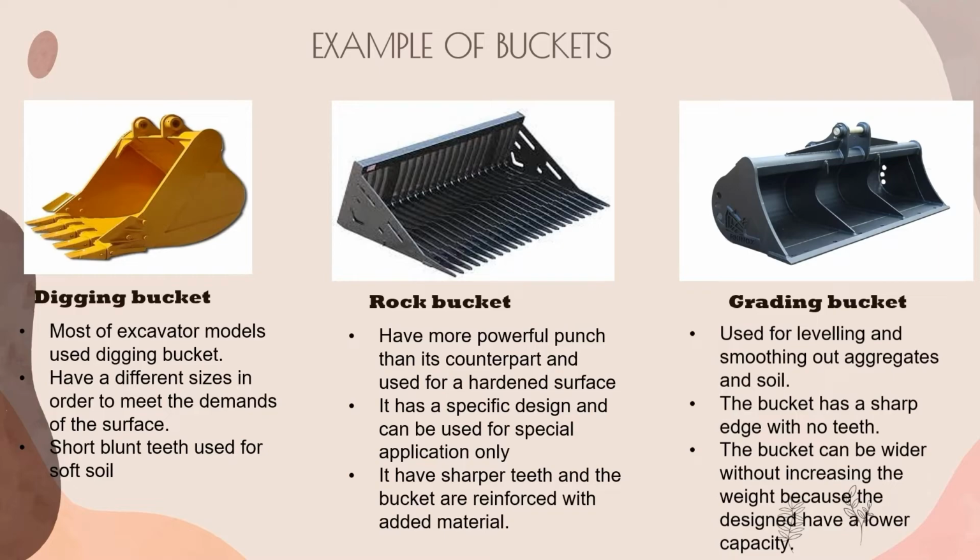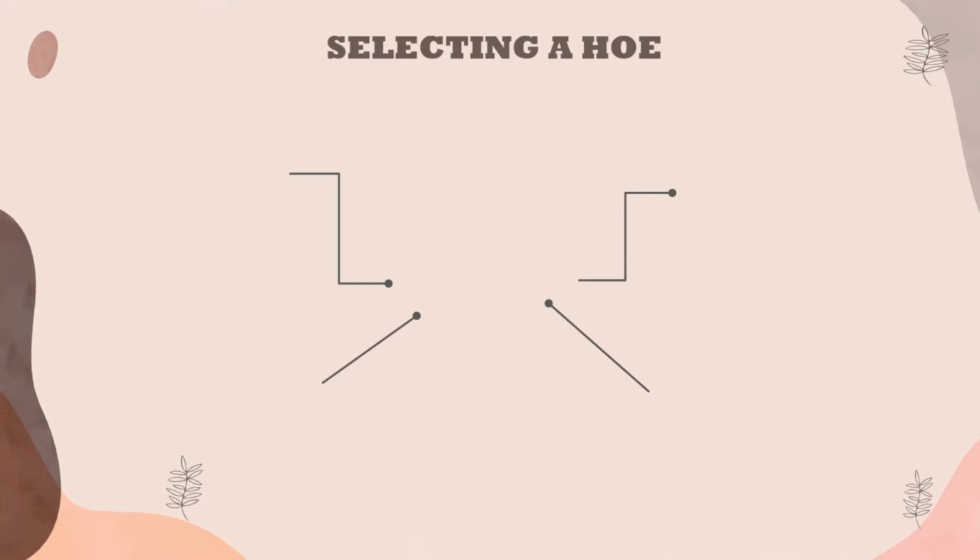Bucket number 3 is the grading bucket. It is used for leveling and smoothing out aggregates and soil. The bucket has a sharp edge with no teeth. The bucket can be wider without increasing the weight because the design has a lower capacity.